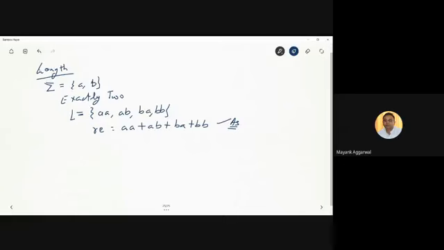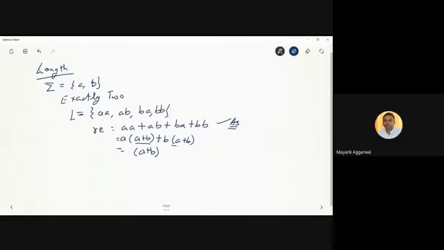To simplify this regular expression, let's take this A common. Over here, let's take this B common. Now, what we have taken common is A plus B. Now, let's take this A plus B common.